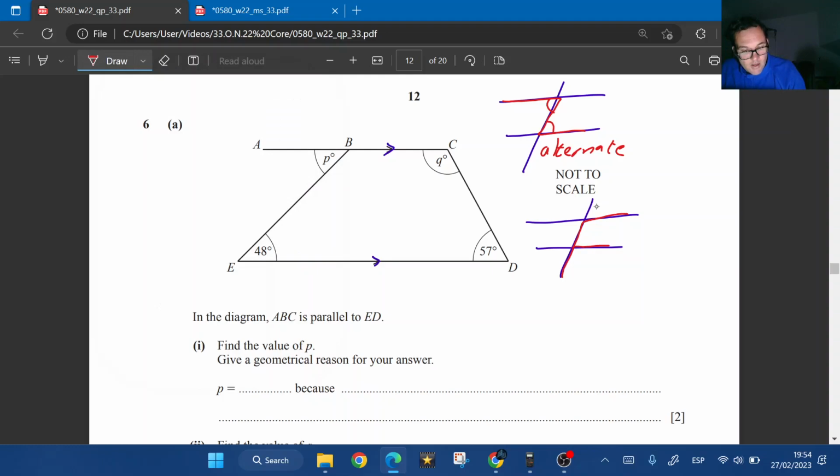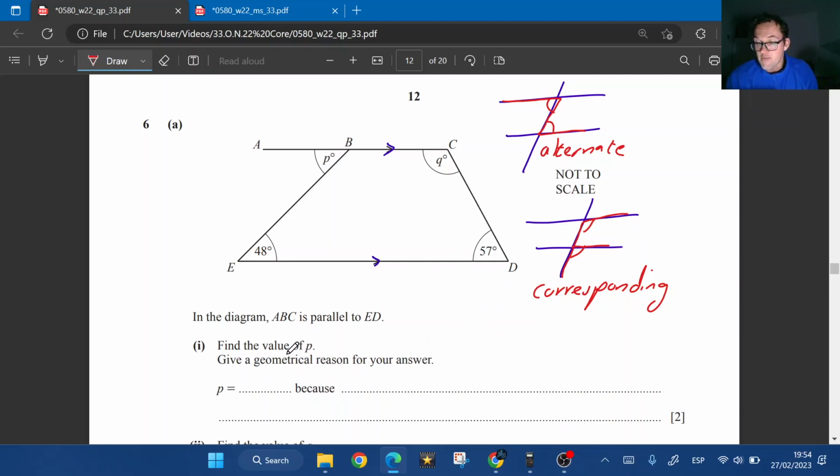The F angles, which is corresponding. Remember these words. Tattoo them on your hand. No, that's cheating. Just tattoo them on your dog's tail and read it every day.